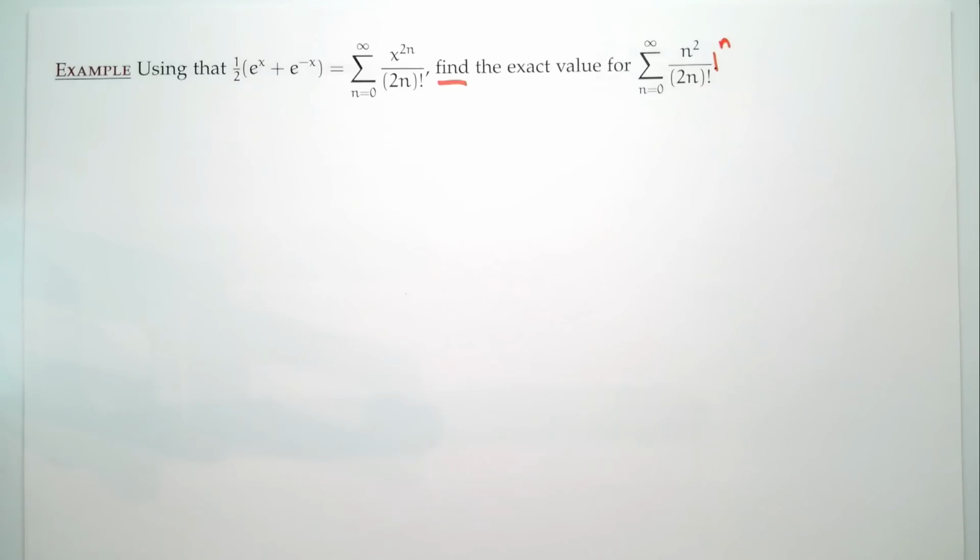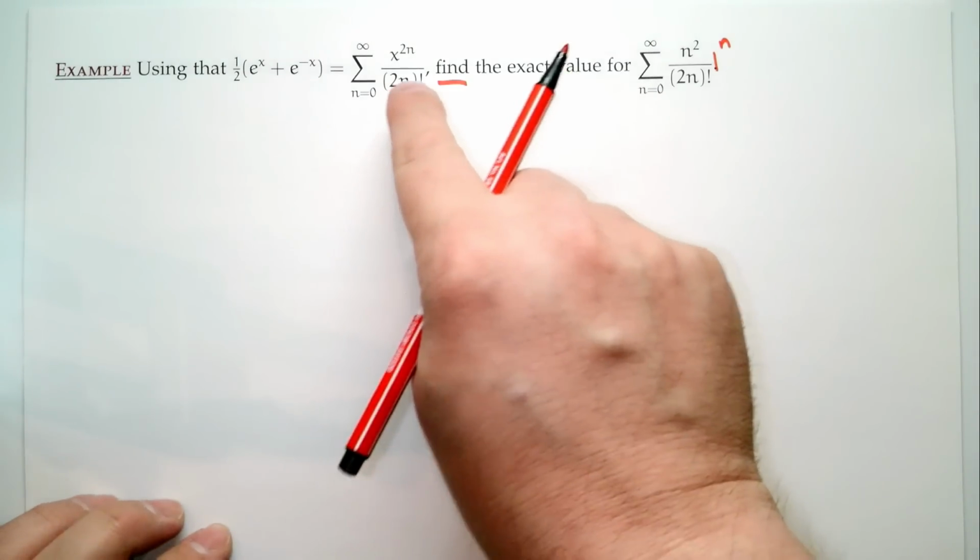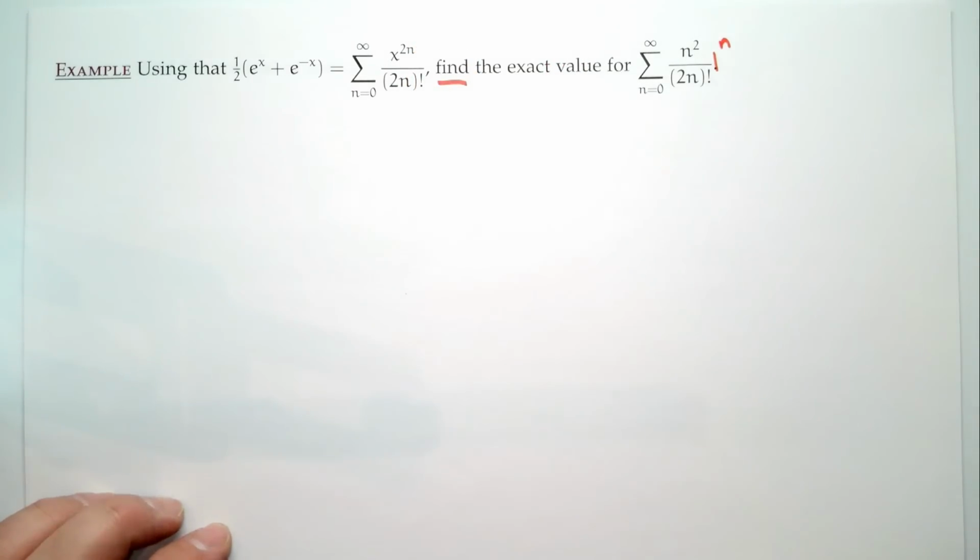All right, so we kind of know what's going to happen. We're going to do something to our sum, plug in 1, and life will be good. Now, we haven't done enough yet, because if I plug in 1 right now, I'm just going to get 1 over 2n factorial. Okay, well, that's no good. That doesn't give me the n squared.